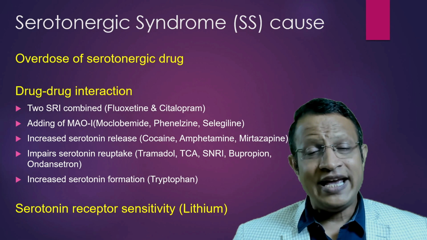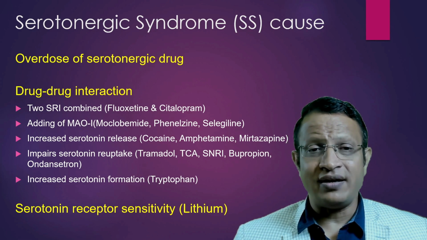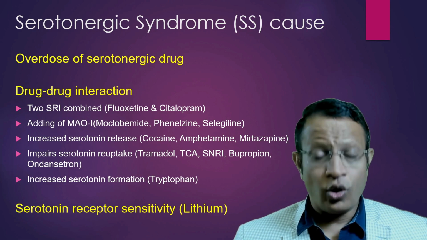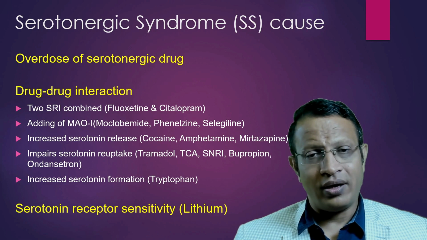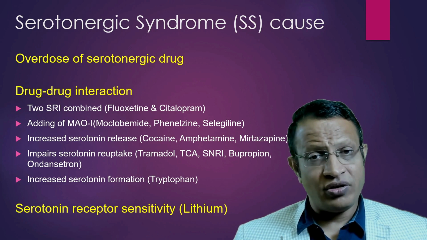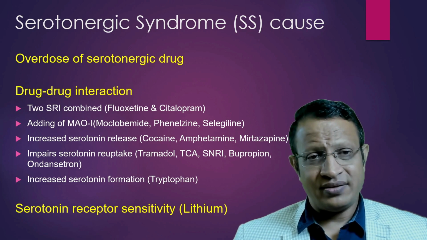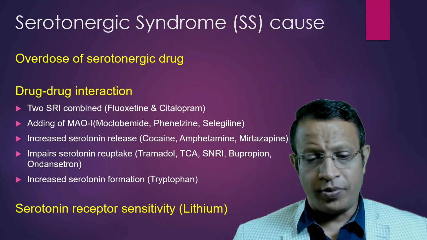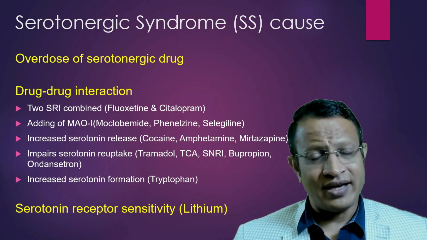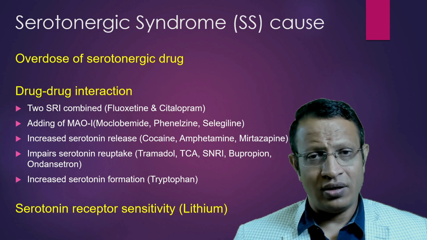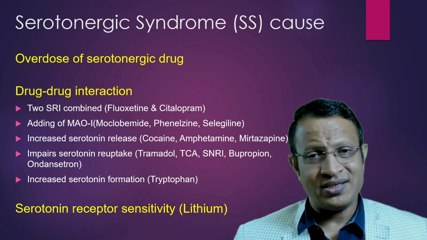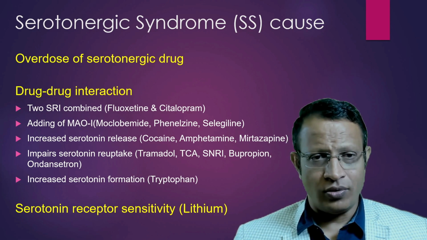Further, increased serotonin release occurs with certain drugs, cocaine, amphetamine, or mirtazapine. Hence, combination of these can also lead to serotonin syndrome. Impaired serotonin reuptake, for example with tramadol, bupropion, SNRI, tricyclic antidepressant, ondansetron, in combination with SRI, can trigger serotonin syndrome.